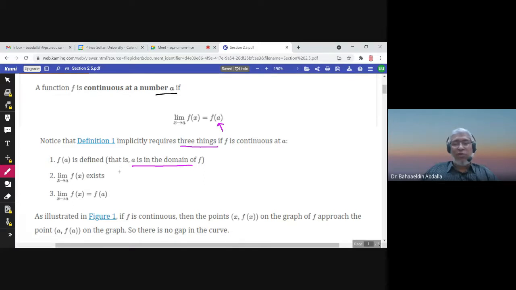So that's the first condition. The second condition, this limit should exist, because if it doesn't exist, it will not be equal to f of a. So we have to find the limit of f of x when x approaches a, and it must exist. And the third condition, this limit should equal f of a.